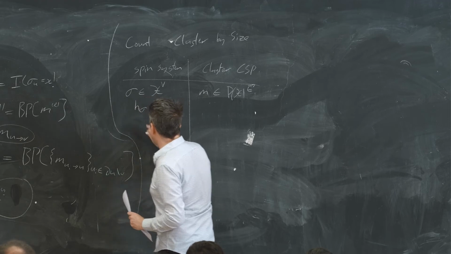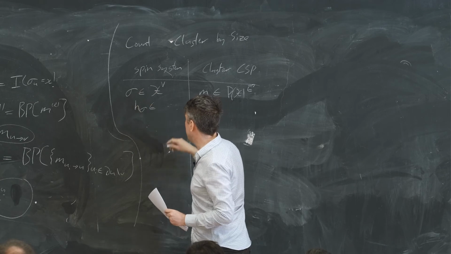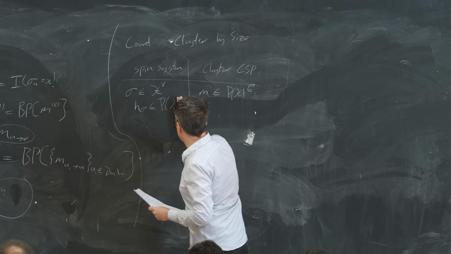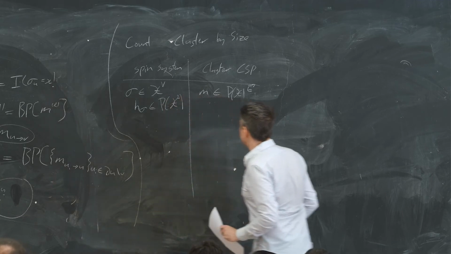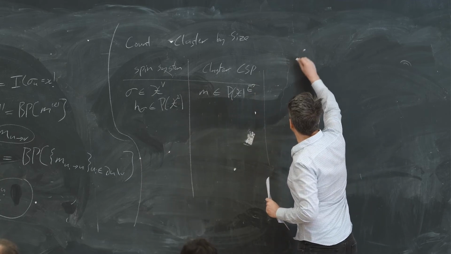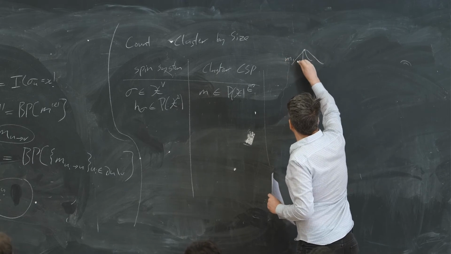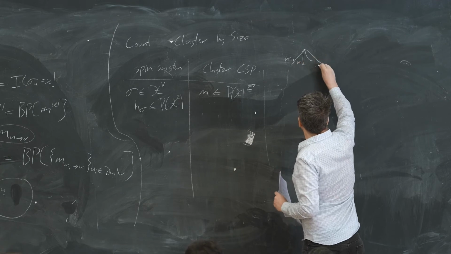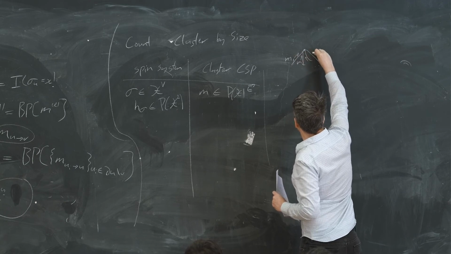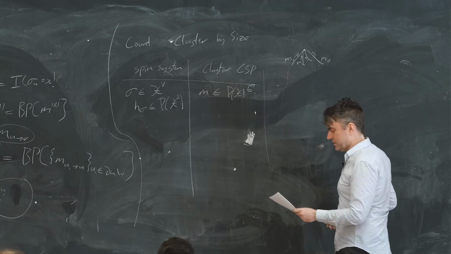Then we looked at empirical distributions on the set of spins, and this was essentially probability distributions over pairs of spins. In the cluster case, I'll need a little bit more information. Around each vertex there'll be D incoming messages, and I want to know the joint distribution of seeing any set of them.